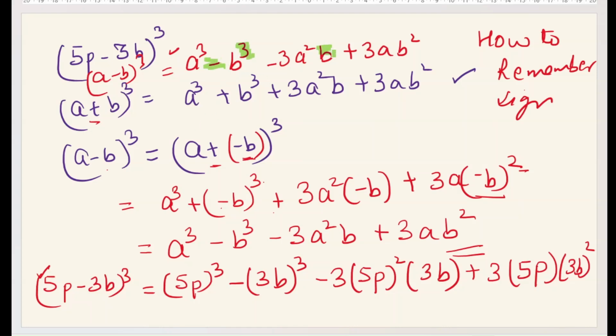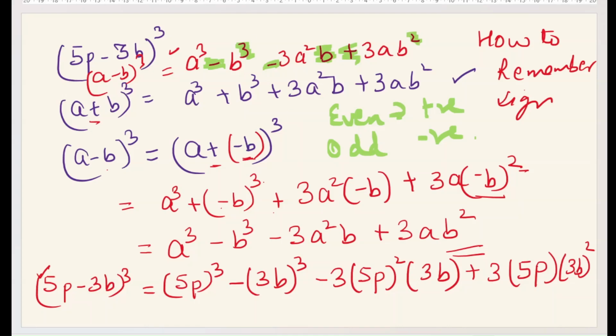Here the power is 1, odd number, negative sign. Here the power is even, so positive sign. That's it. Power even, sign positive. Power odd, sign negative. Just remember this, and it is true everywhere.